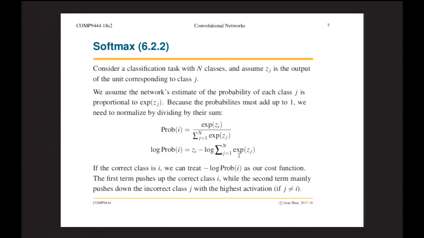So in rough terms, what this does is it pushes the correct class up and it pushes down any incorrect class which is higher than the correct one. Okay, but in TensorFlow, you just type in that you want softmax and it computes softmax for you. But I think it's useful to know what's actually happening behind the scenes.